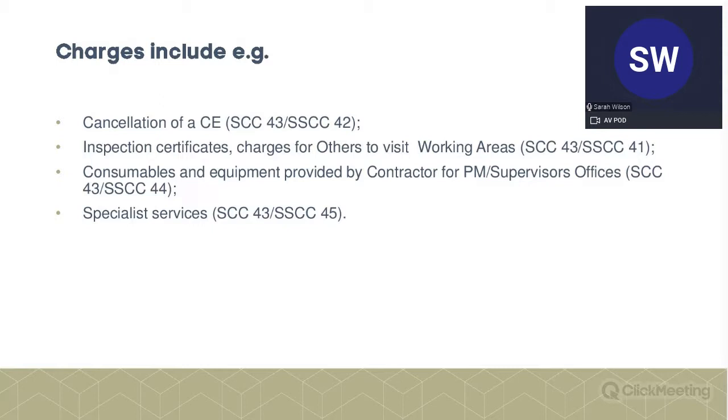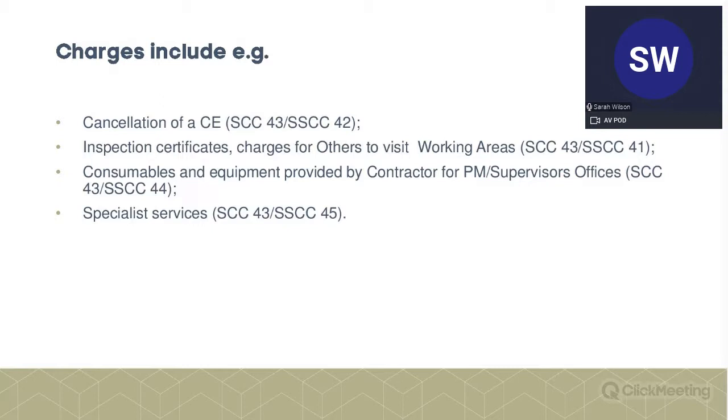We know that for these charges, for the shorter schedule, that's just for options A and B. So we're just looking at compensation events. So it would just be inspection certificates, local authority charges in relation to that compensation event. It wouldn't include those charges in relation to your works, because your fixed price should cover that.